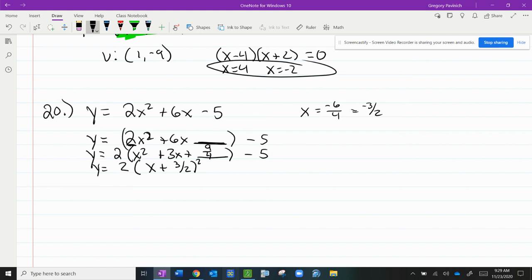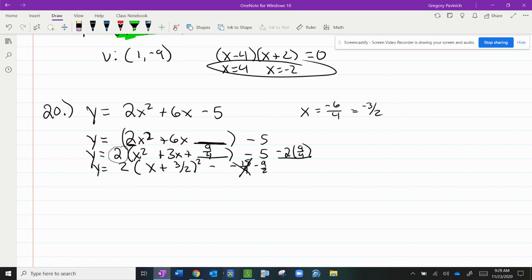And now what I want to do is get rid of what I had to put there to complete the square. I didn't add just 9/4. Remember, I have this distributive property of 2. So I have to subtract off 2 times my 9/4, which is -18 divided by 4, which is -9/2.